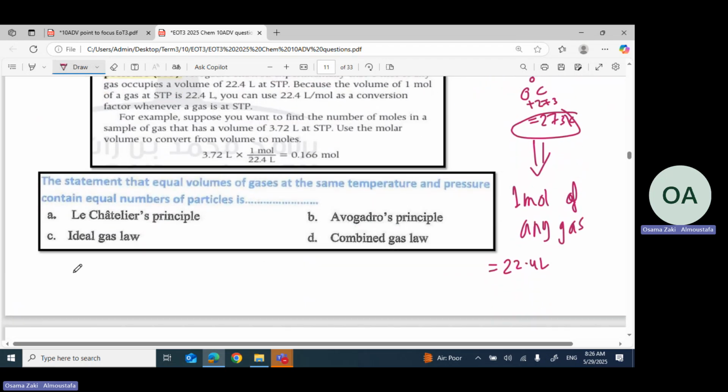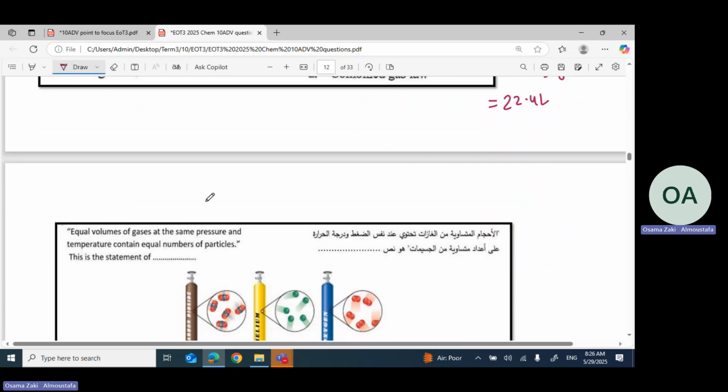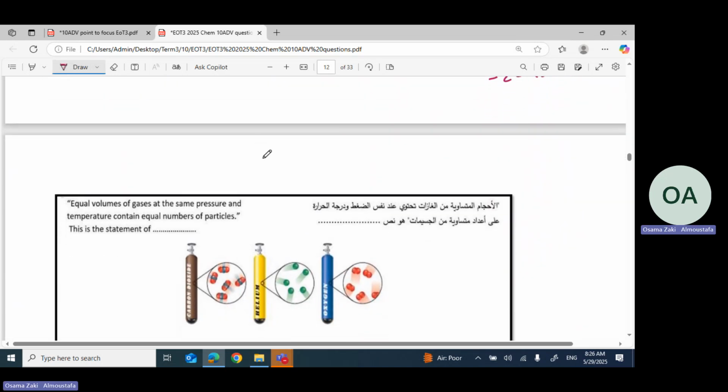For example, let's write it here. We have mole, volume, and mass. To convert from mole to volume, multiply by what? By 22.4 liter over 1 mole.